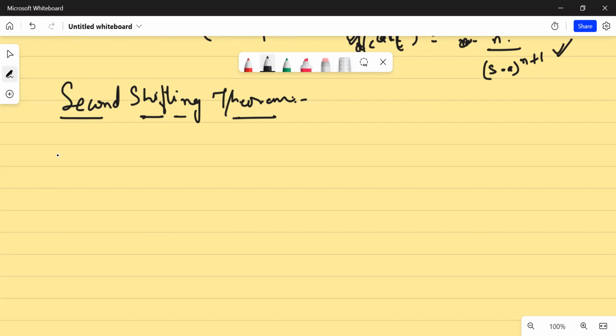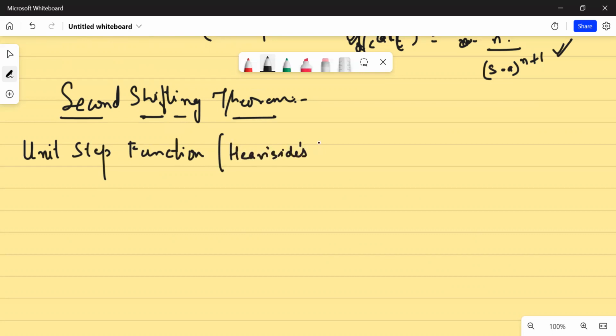Before I start the second shifting theorem, I will introduce to you a function called the unit step function, which in the literature is at times referred to as the Heaviside function. You can also write it as u subscript a of x, which means the same thing.